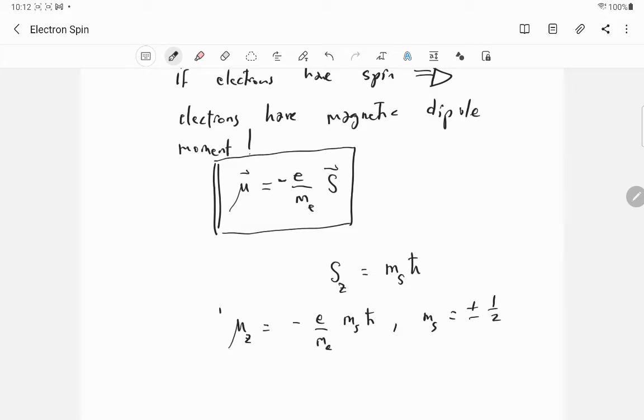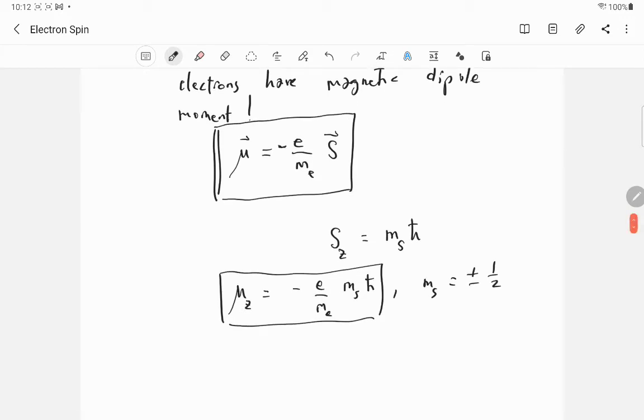So this is the z component of the magnetic dipole moment of an electron.